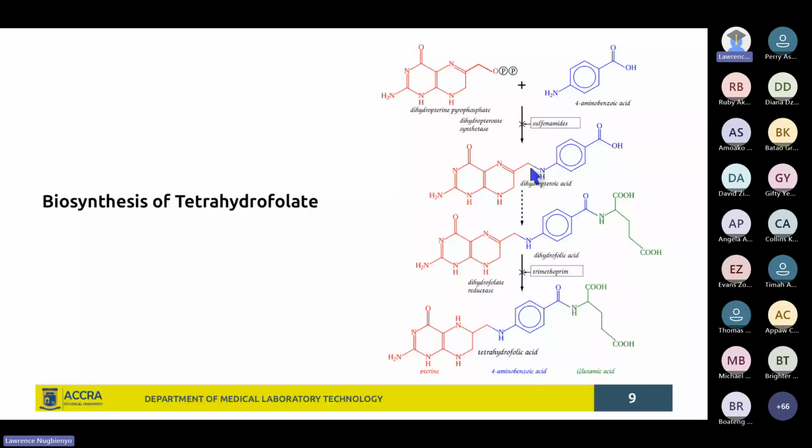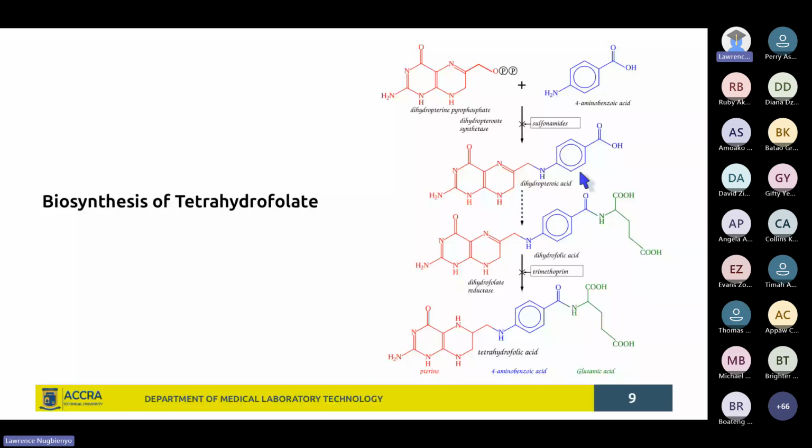This NH2 here loses one hydrogen, which of course goes onto the diphosphate, and you just have an NH. So it's just a joining of these two molecules, the 4-aminobenzoic acid and the dihydropteridine pyrophosphate. And that gives you dihydropteroic acid. That's the first reaction.